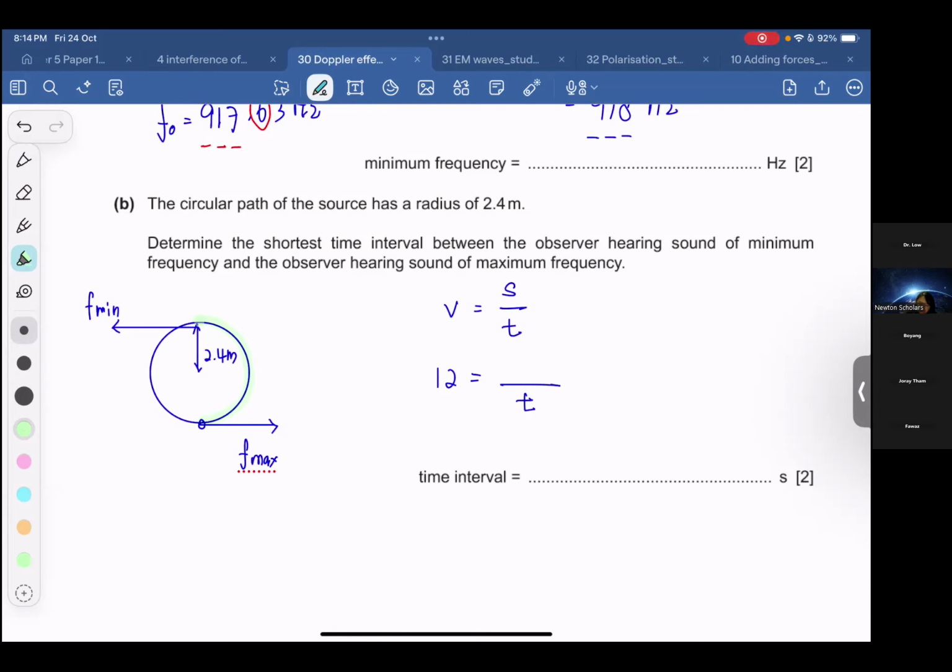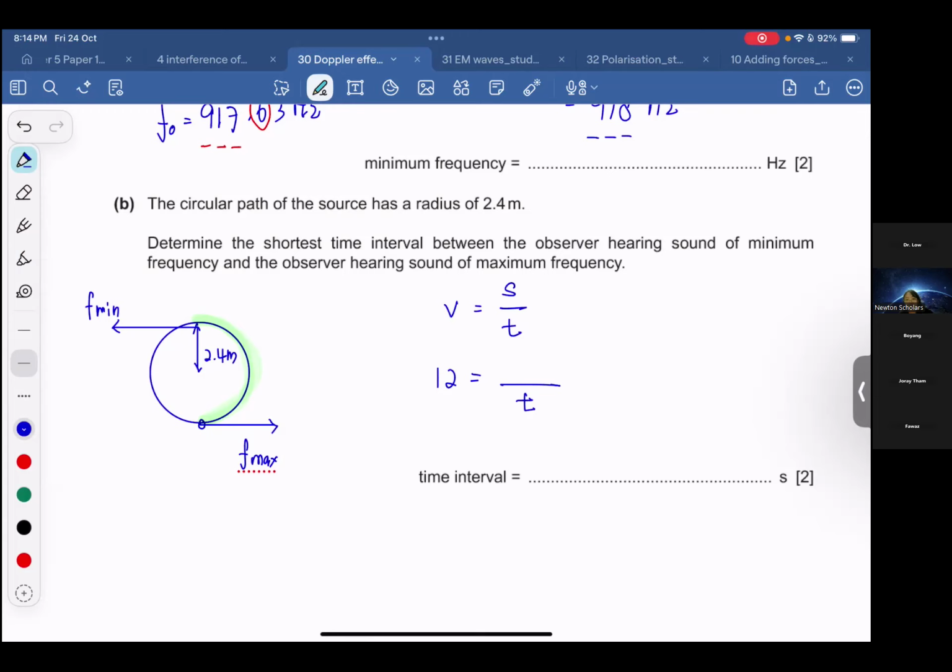Any of you know the distance it travels? This is your mathematics, not physics. Fatima says half of it, because this is semicircular.